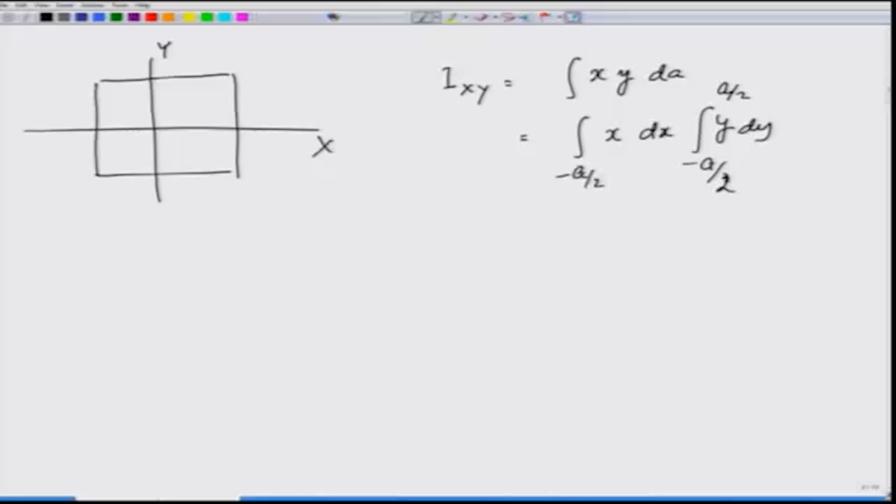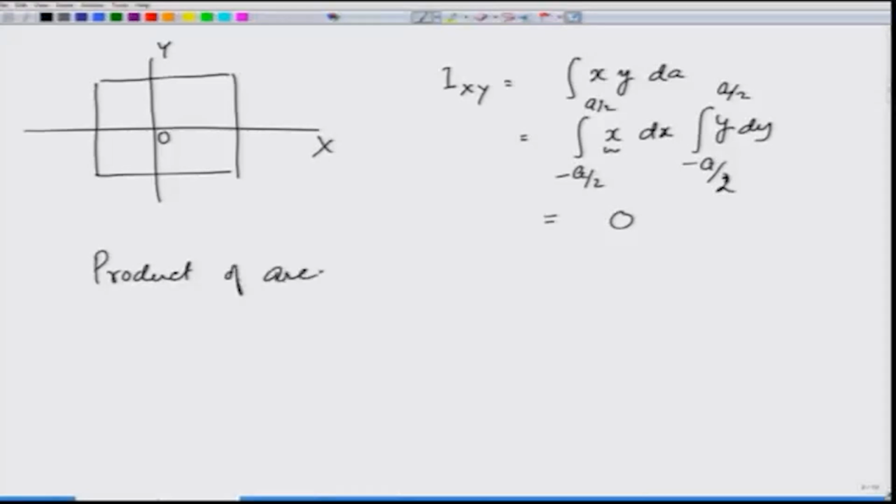This being an odd integrand going from minus a by 2 to a by 2, it becomes 0.